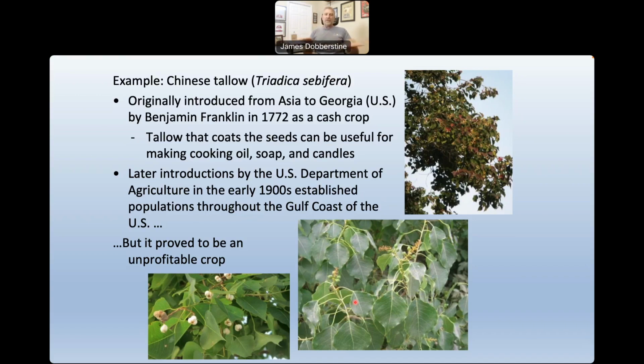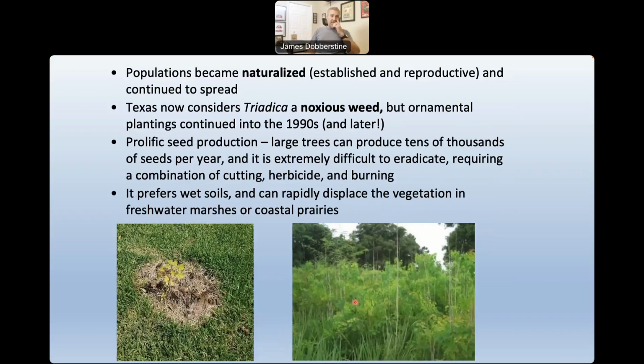Once you've leveled and bulldozed an area, you've seen construction sites, there's no competition at all. So when you plant something specifically, it's going to go like gangbusters. And these plants grow very rapidly and have a tremendous seed production, and on top of it, if that isn't enough, the seeds float. So when we have what I grew up hearing referred to as toad choker storms, right? And it rains so much even the toads can't breathe.